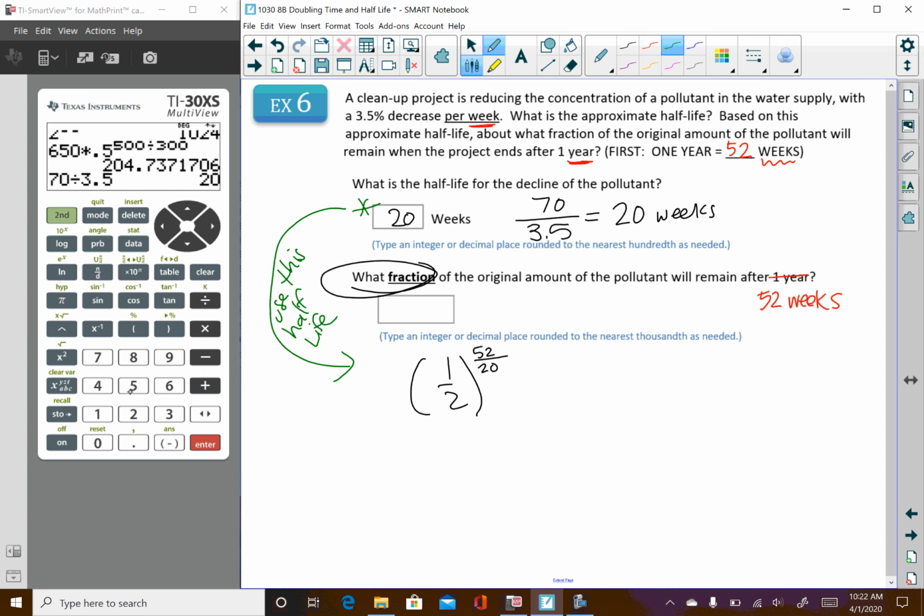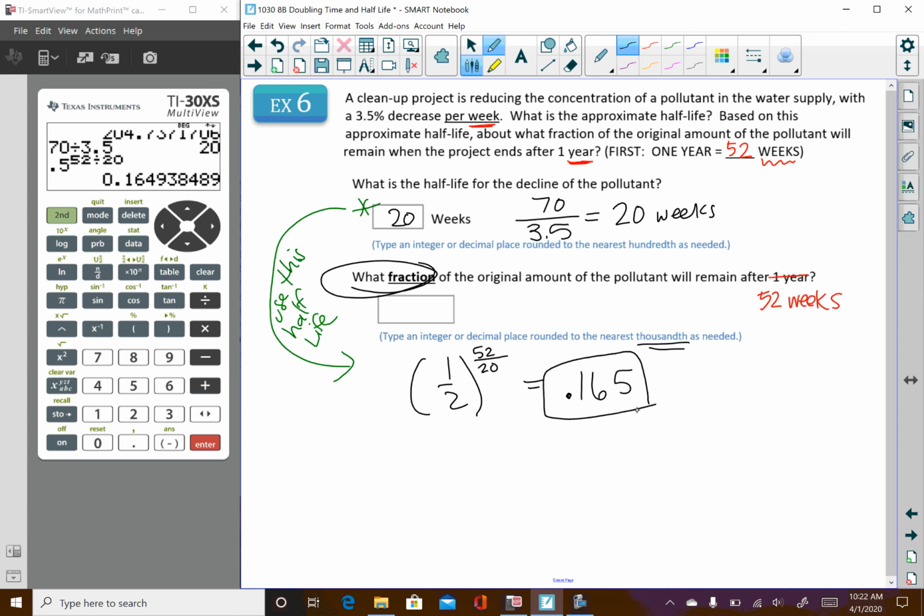Okay, so let's crunch that. Half raised to the power of 52 divided by 20. So we get that there will be about 0.165 if we round to the nearest thousandth, so 3 decimals there. So that would be like 16%, 17% of the pollution left.